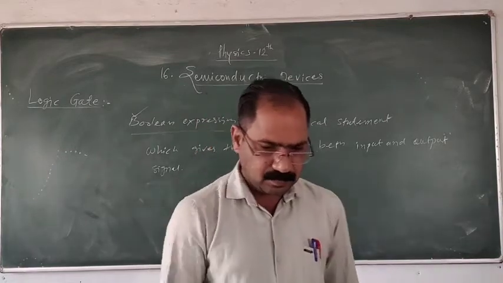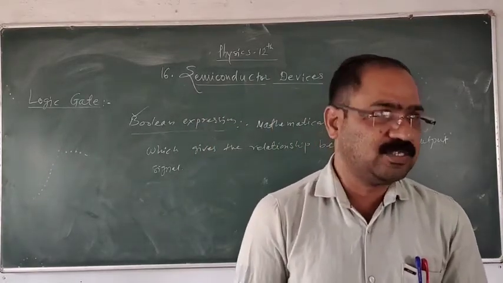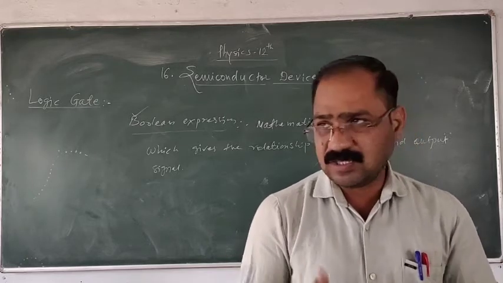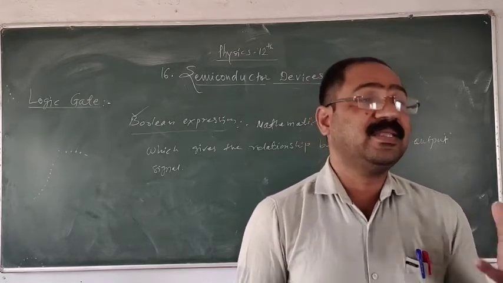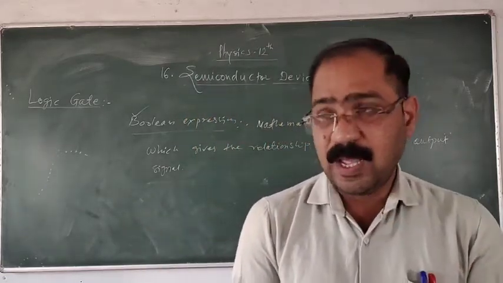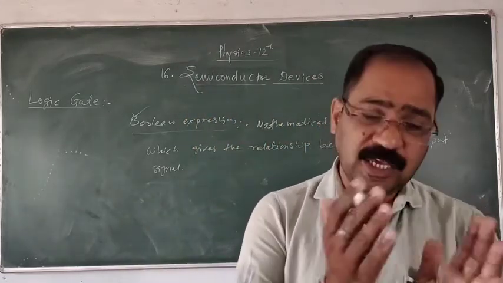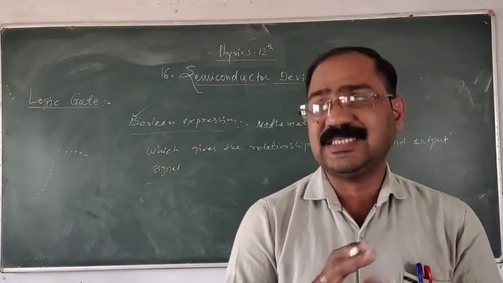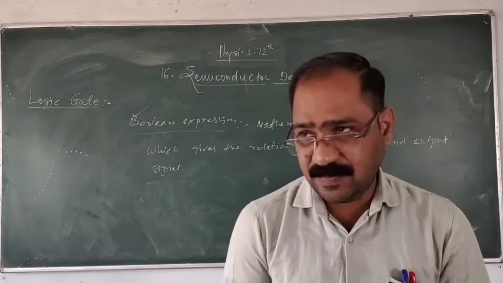Here are the various types of logic gates. Basic logic gates are there. Universal logic gates are there, having one or more inputs and only one output. But here is the relationship between the input signal and the output signal of that logic gate, and that relationship is given by the mathematical statement.